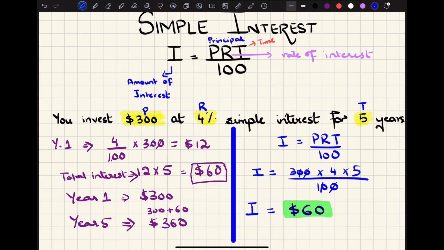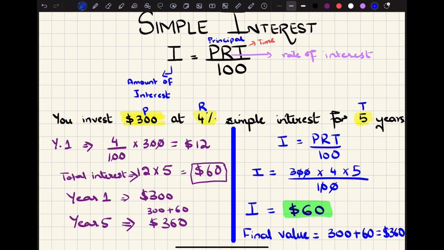In addition to the $60, you will have the principal amount added to it, the amount that you invested at the start of year 1. So the total final value of your bank balance is going to be $300 plus the interest that you've earned over the period of 5 years. So the total amount that you're going to get is $360.